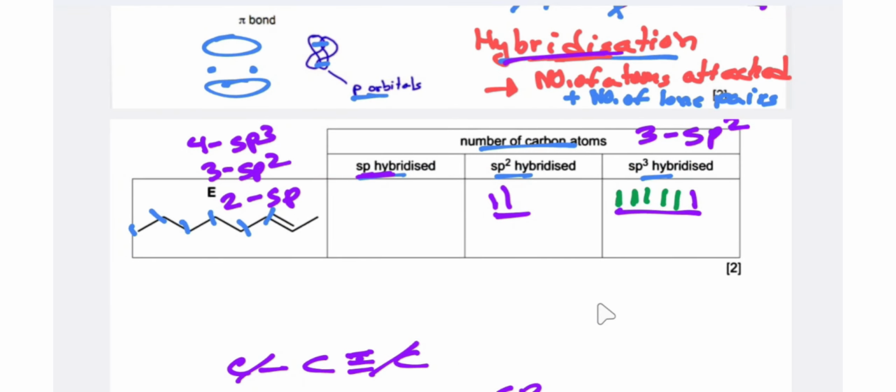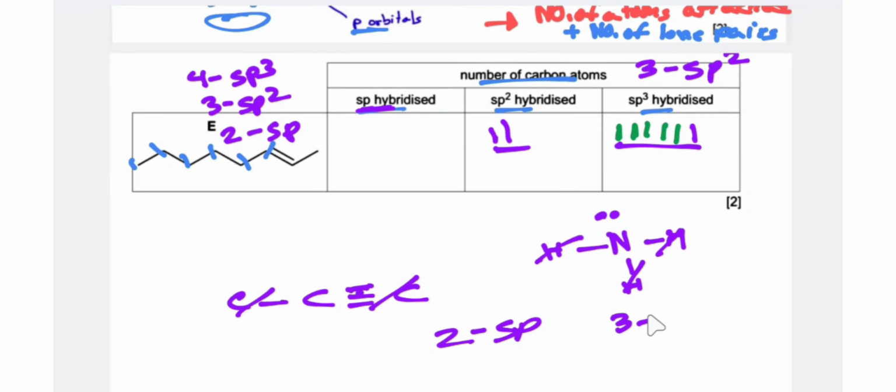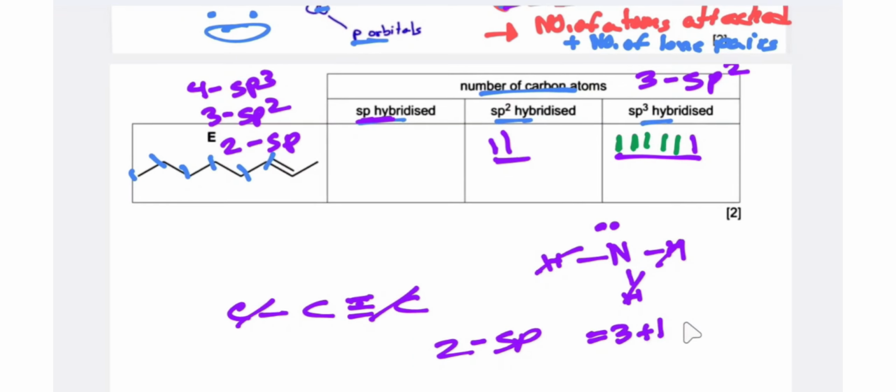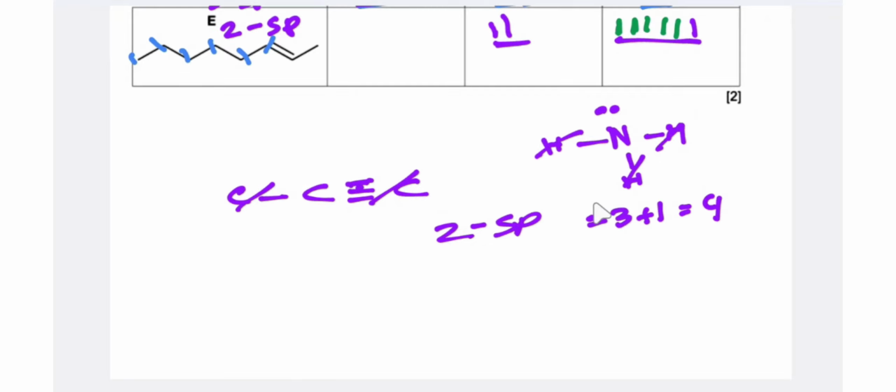But let's suppose ammonia, NH3. Nitrogen is attached to 3 atoms and one lone pair. So 3 atoms and one lone pair makes 4, and 4 means sp3 hybridized.